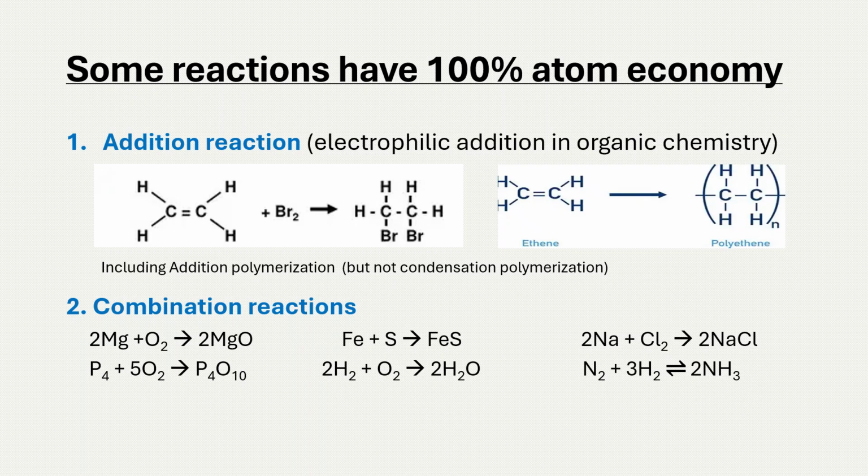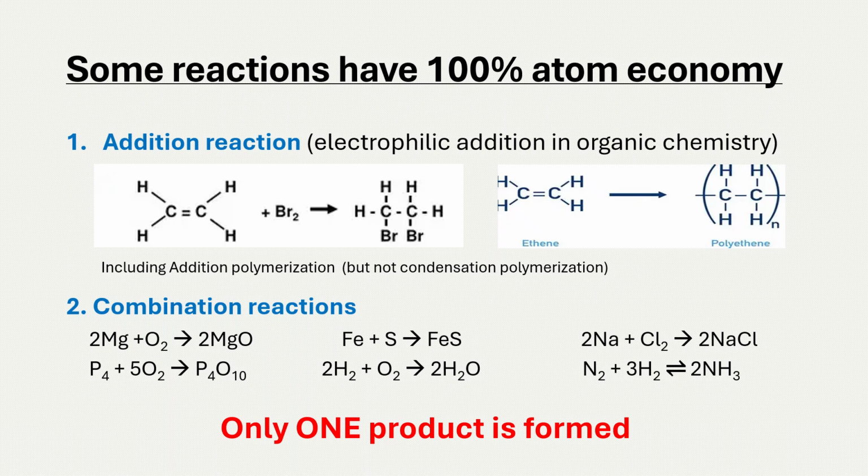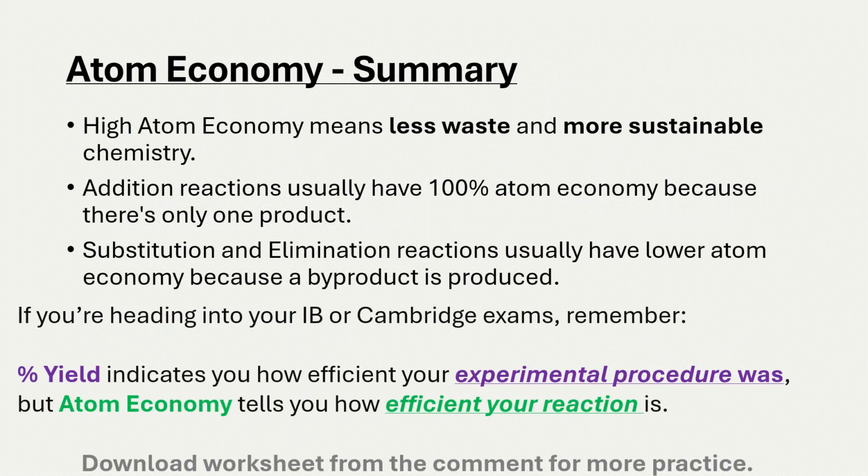But all of those examples have one thing in common: they all produce one product. There's no byproduct. There's a single sole product. It doesn't matter what the coefficient is, it just produces one type of substance as product.